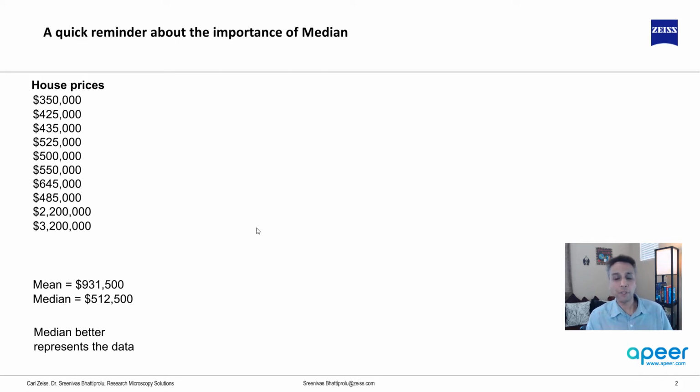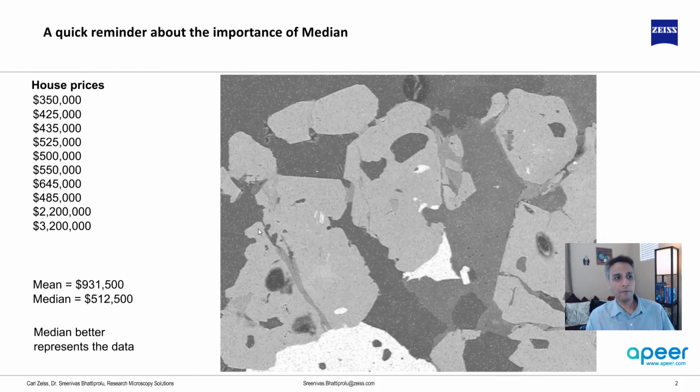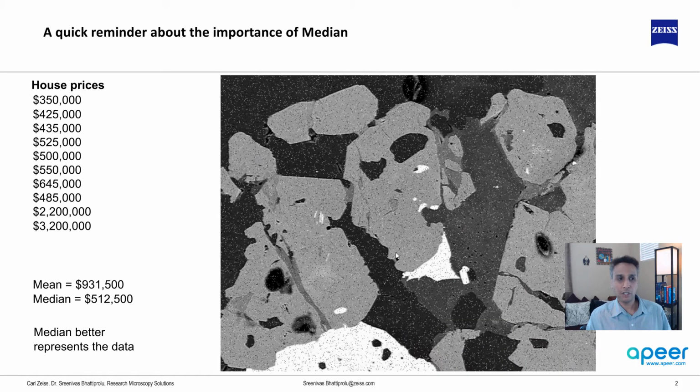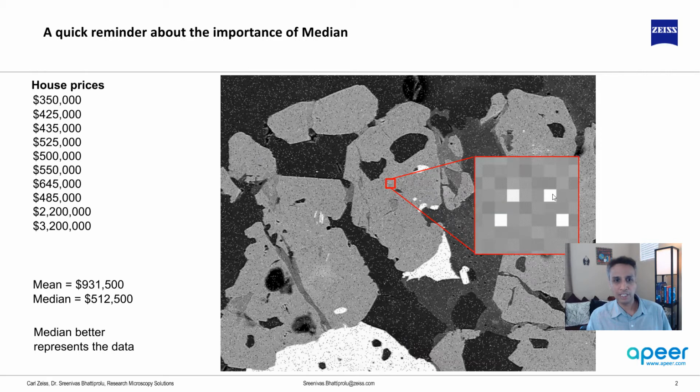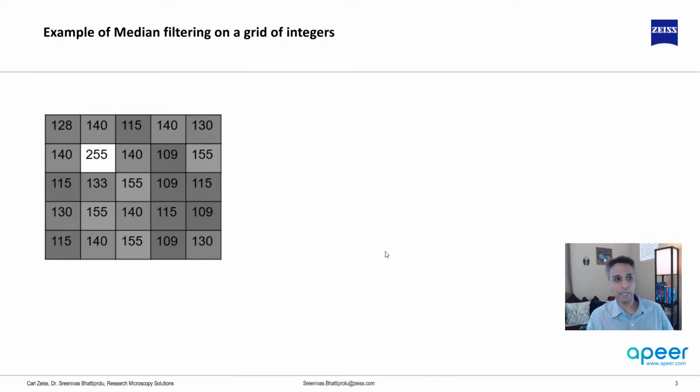This is exactly what we are going to use for cleaning up our image that looks something like this, for example. And then you look at this small area, and then you have these spikes, and how do we take care of these spikes? Now, first of all, to further illustrate that, let's say this is our image, and there's a wild spike right there with a value of 255. This is our bright pixel. How do we take care of this?